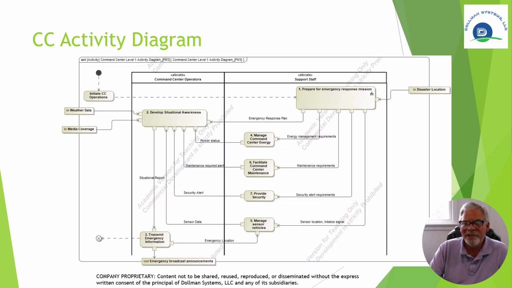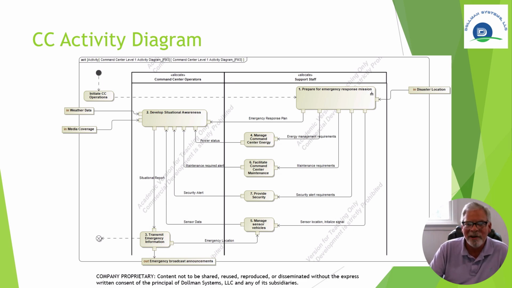A big part of systems engineering is utilizing modeling tools to create diagrams of the system. This process is called Model-Based Systems Engineering, or MBSE. MBSE is one of the many tools in the systems engineer's toolkit.